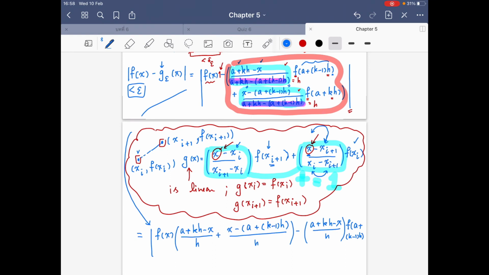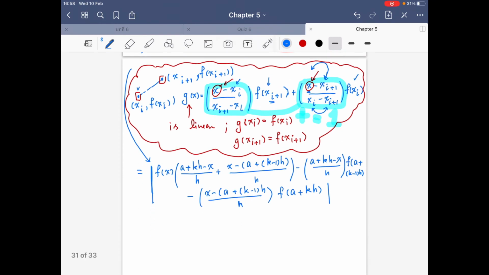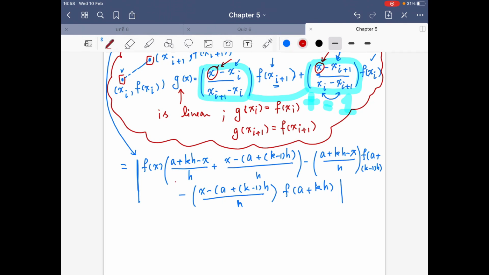And then because this is a subtraction, you need to distribute the subtraction here, so it will be minus (x minus (a plus (k minus 1)h)) over h, and then f at your right end, and take the absolute value. So it means that this part can combine and this part can combine, okay.